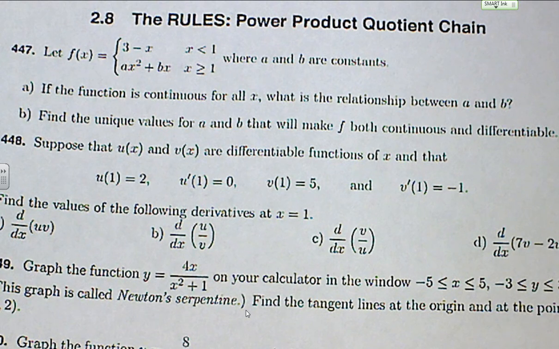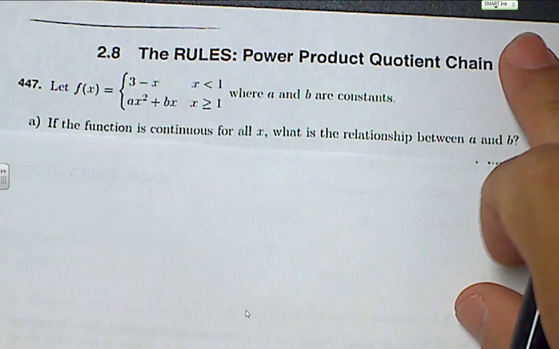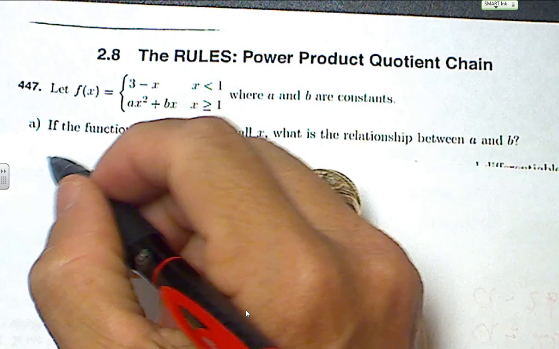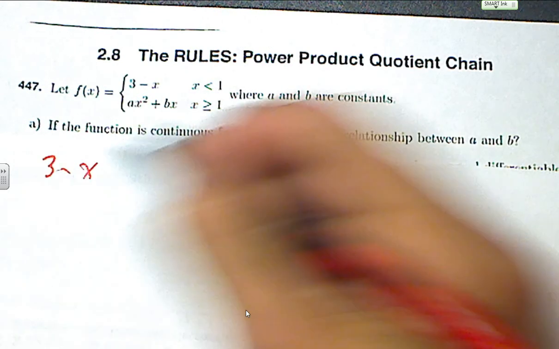To figure out the values for continuity, what do you do? You just did it. Set them equal to each other. Solve. What would you plug in for x? 1. 1.